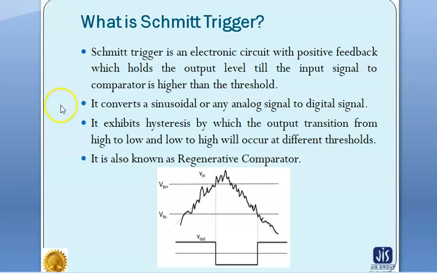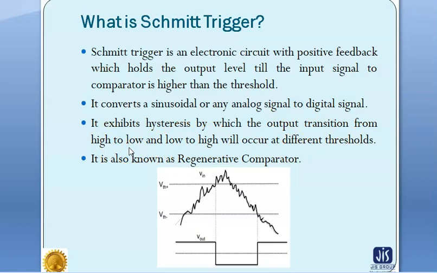It converts a sinusoidal or any analog signal to a digital signal. Also, it exhibits hysteresis, by which the output transitions from high to low and low to high occur at different threshold levels.